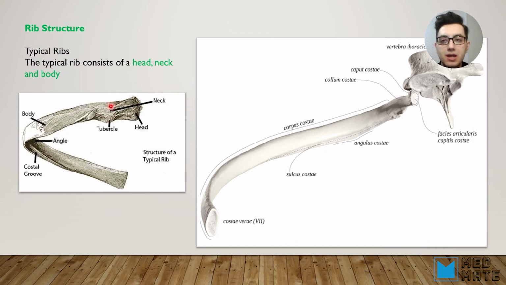This part of the rib articulates with the costal facet on the transverse processes of thoracic vertebrae. You also have the body, which is here. There is also an angle and a costal groove, and the intercostal artery, veins and nerves pass through this groove.